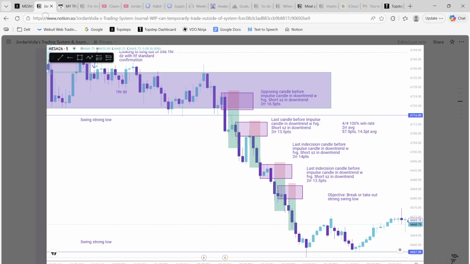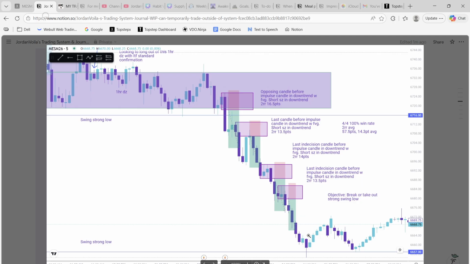You'd be willing to lose 8 points to make 60 points, which is very, very good. And you only had drawdown for like 2 minutes, and then from there it was just down, pull back, down, pull back, down, take profit.